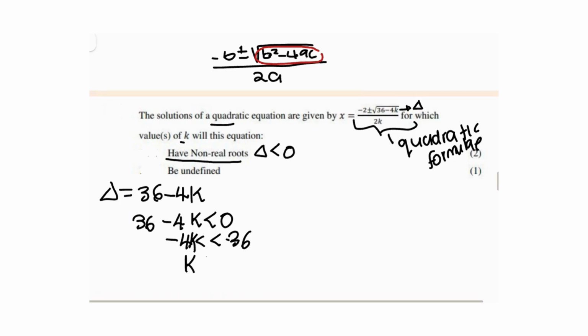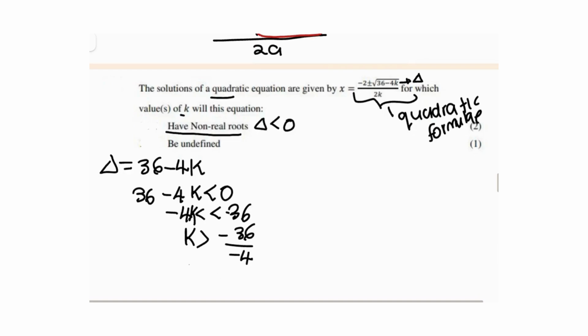Remember, guys, when you divide by a negative, you reverse your inequality. It becomes k greater than negative 36 over negative 4, which is negative 36 divided by 4. That should be positive 9, because it's negative divided by negative.